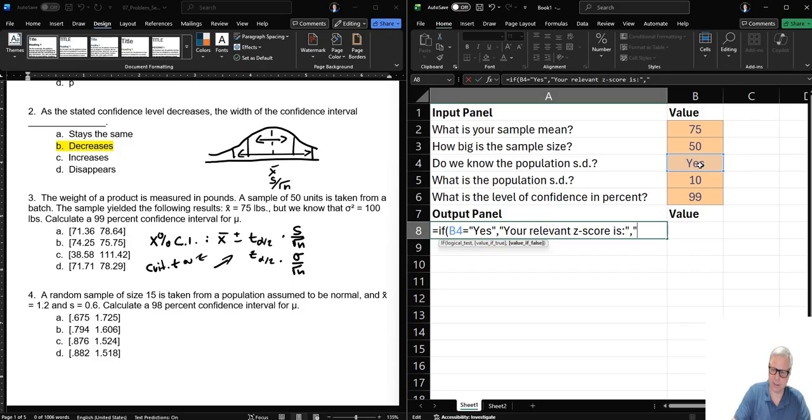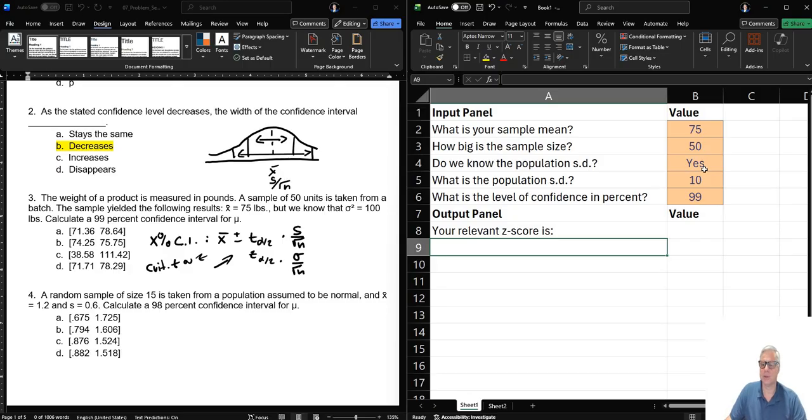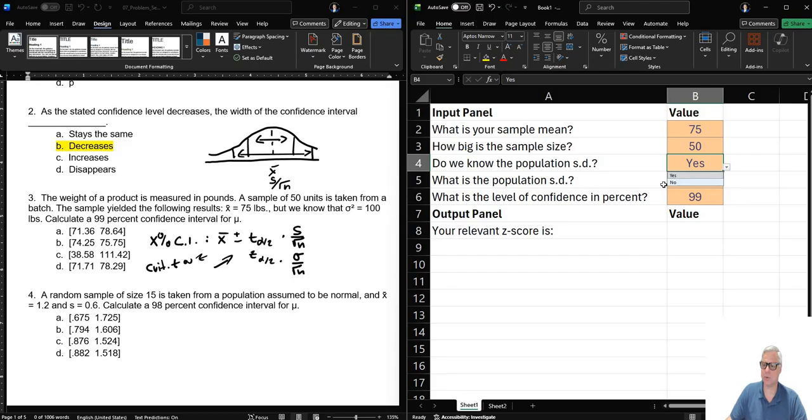Otherwise we will say your relevant t-score is, colon. Okay, and then we close with the quotation marks and parentheses. So now because currently it says yes, the output panel will say your relevant z-score is. If we switch that to no, then it says your relevant t-score is, and it switches also to the sample standard deviation.